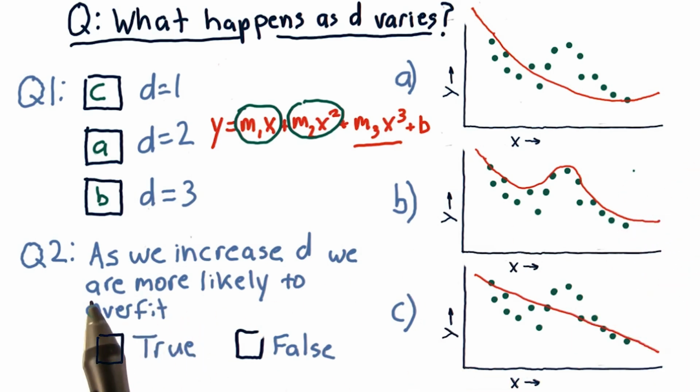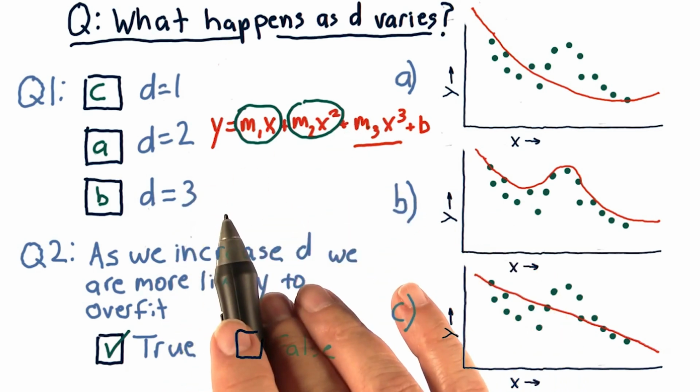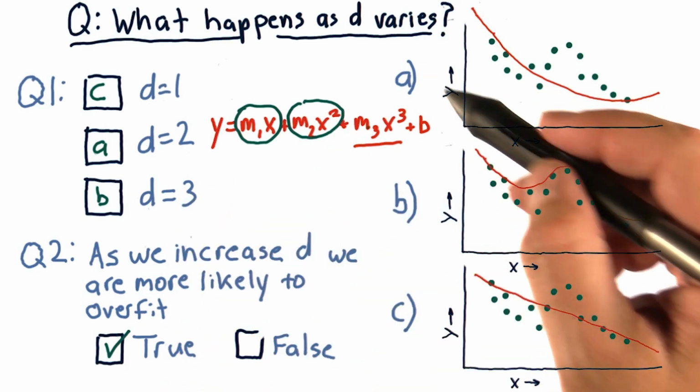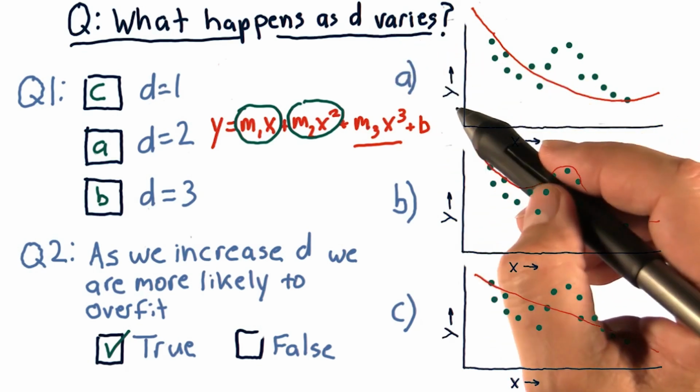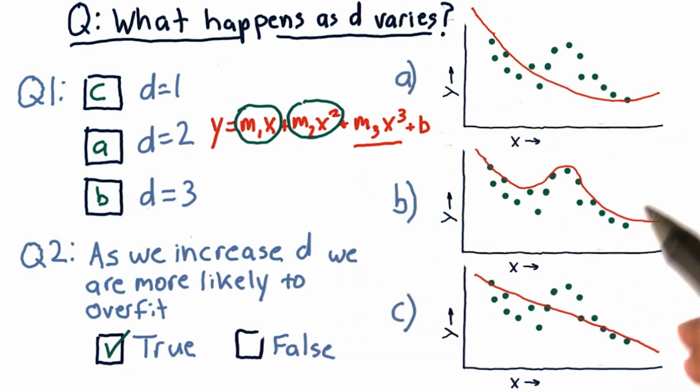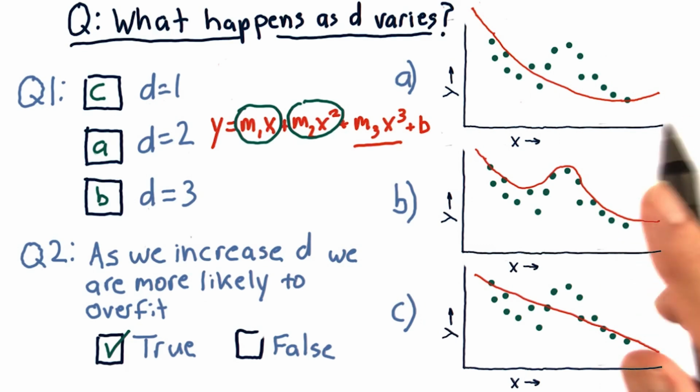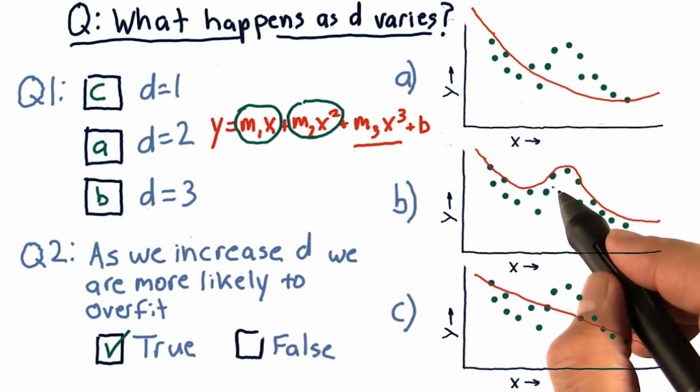So we get to this question, as we increase d, we are more likely to overfit. That is true. And in fact, it can be shown with a polynomial like this, that as the order of the polynomial, or d, reaches the total number of points, we actually can match the data at every point.